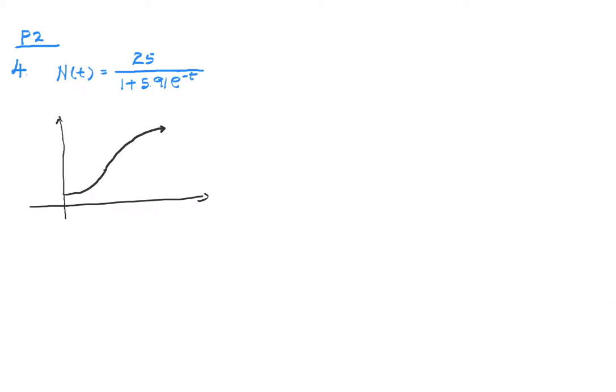That one you must know how to do. I'm just telling you how to prove. You have to learn how to prove this: as t tends toward infinity, what happens to e to the power of negative t? It will tend toward 0. So therefore my N(t) will approach 25 from below.